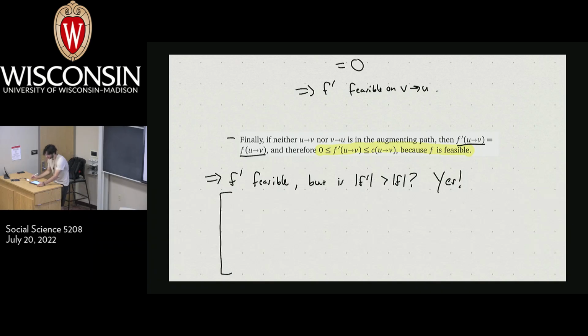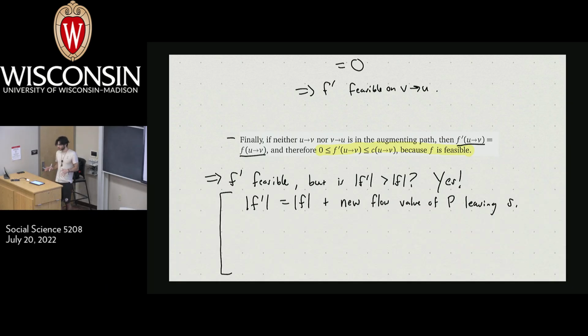Well, the key idea here is we only change things on the path P. So in particular, the flow value of f prime is the flow value of f plus the new flow value of P leaving S. In particular, it's a path, right?